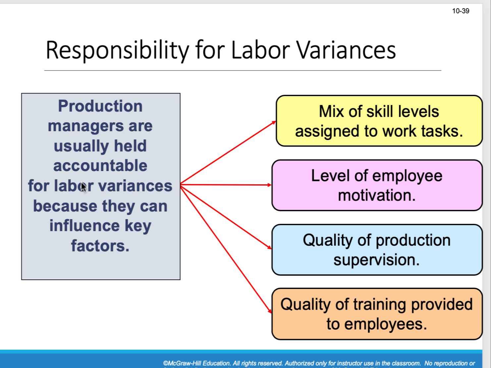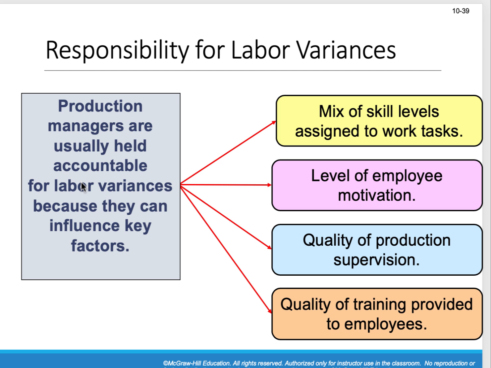Well, it could be a lot of reasons. There's a mix of skill levels with the workers, right? So that could explain the labor rate variance. You were supposed to pay $10, you paid 10.50. Why? Well, we used some skilled people to do this maybe menial task.